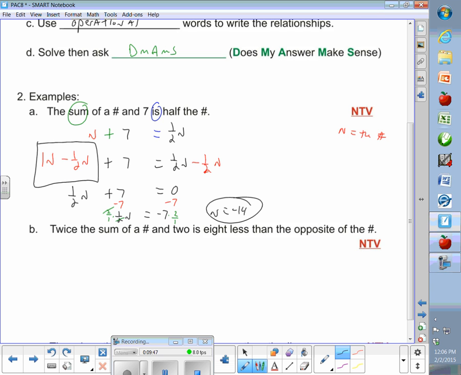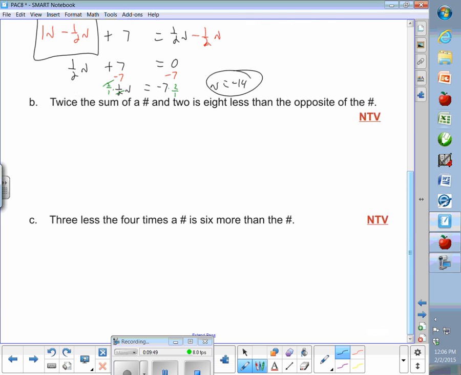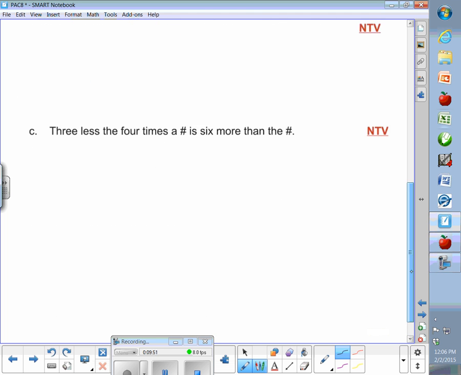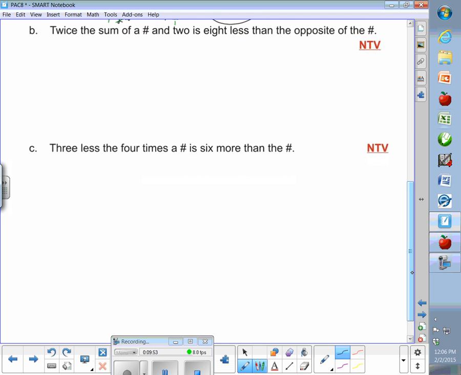Get rid of my shade so I can put this higher. All right. Don't look at that bottom one. Let's look at B here. All right, so twice the sum of a number and 2 is 8 less than the opposite of the number. First thing to do is NTV.